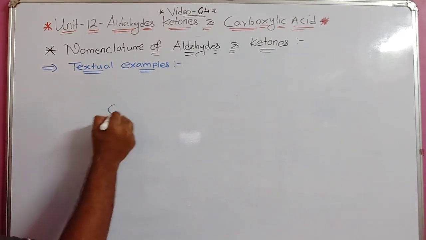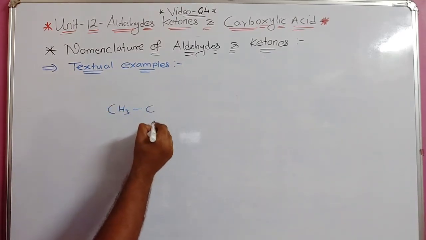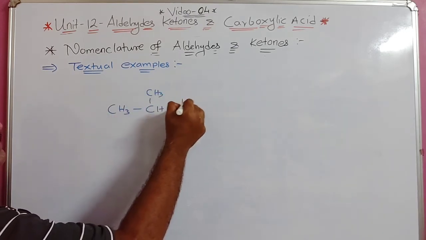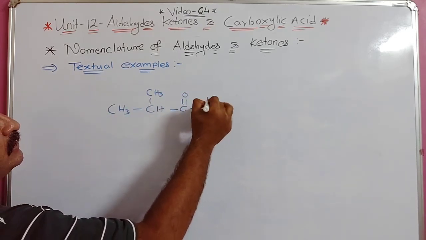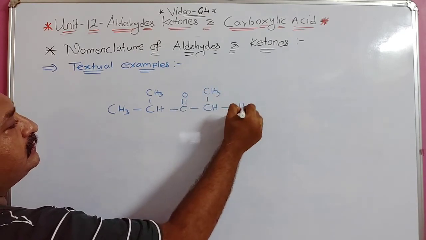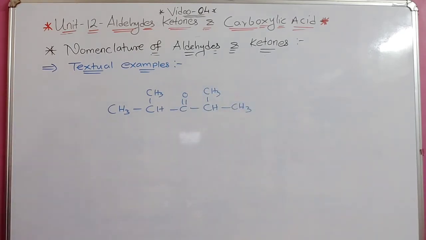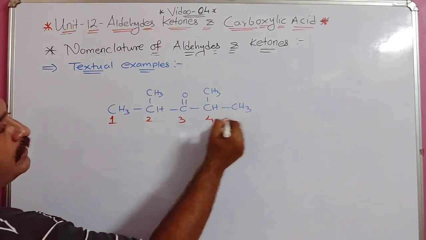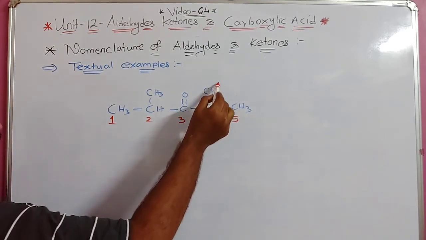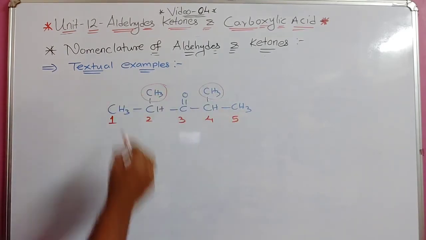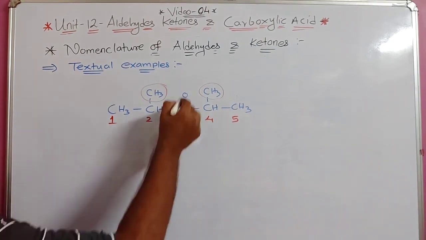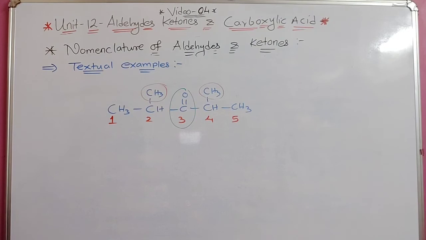It is like this: CH3, CH, here CH3, C double bond O, CH, CH3, and here again CH3. Understood? So if you number it 1, 2, 3, 4 and 5, you can see at 2nd and 4th position methyl groups are there, and at 3rd position the functional group is there.